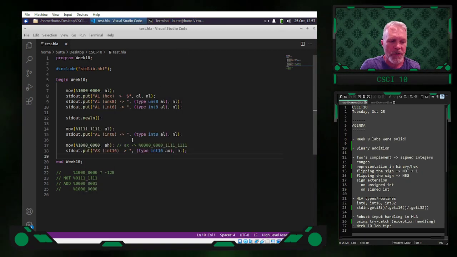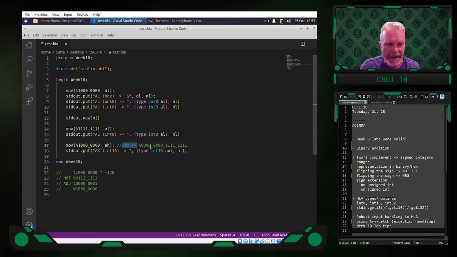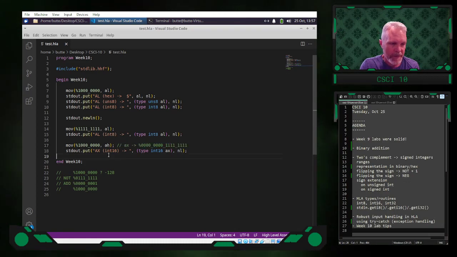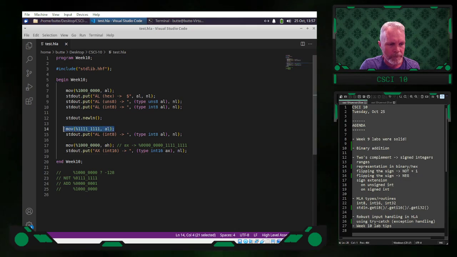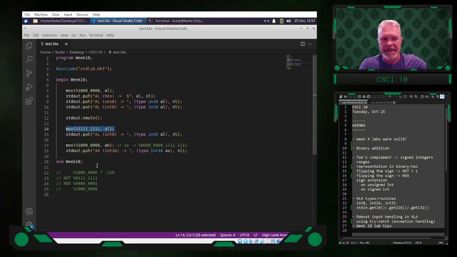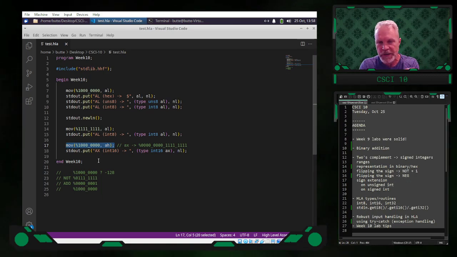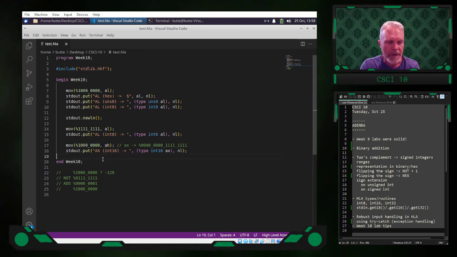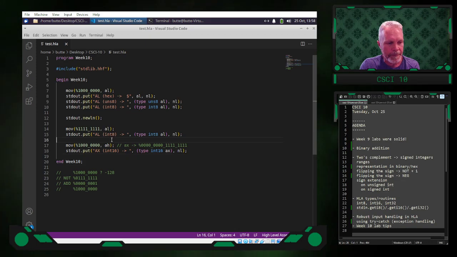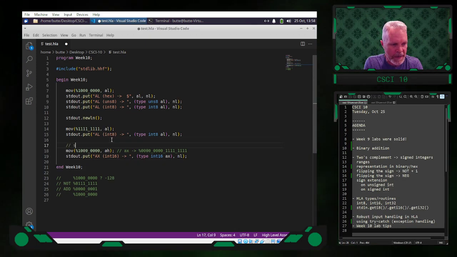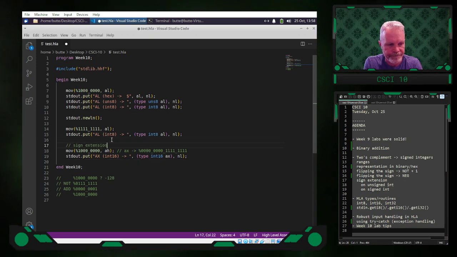So what we're trying to do here, though, is we want AX to be our -1 by extending AL up into AH while preserving the original signed -1 value. So this is what I'm referring to as sign extension.